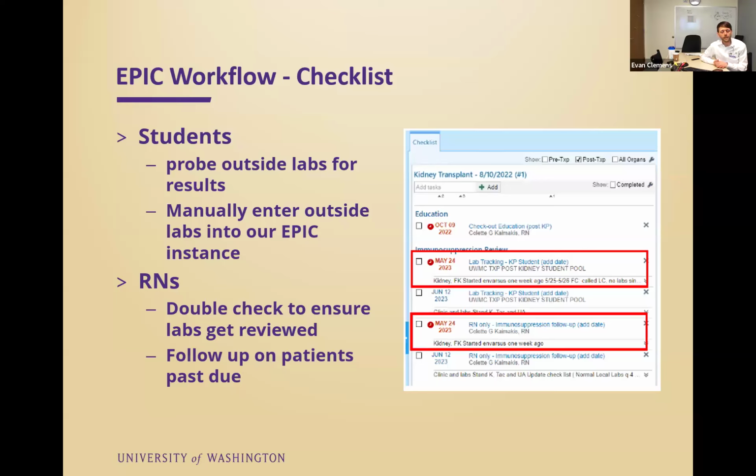They'll actually ask the outside lab, hey, do you have results on this patient? They'll call them, or they'll monitor the fax machine, and when those results get sent to us from outside labs, they enter them into our Epic instance. The nurses also have their own separate checklist tasks to double check and ensure these labs get reviewed, and that they follow up on patients that are past due.